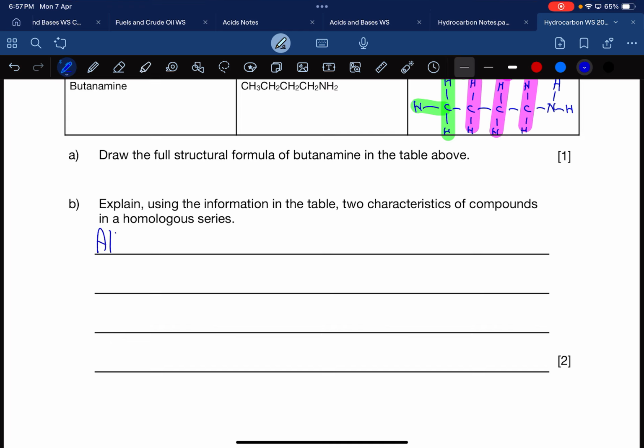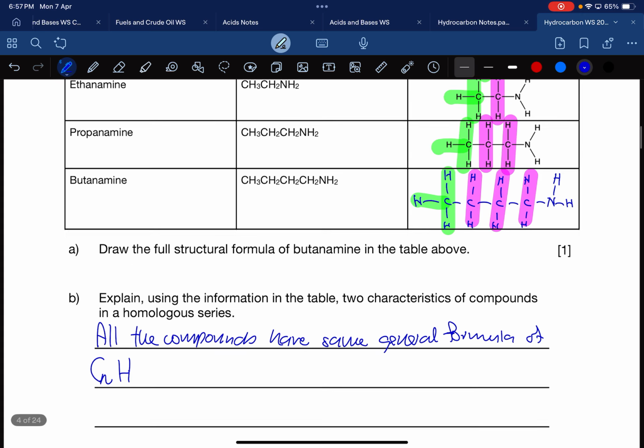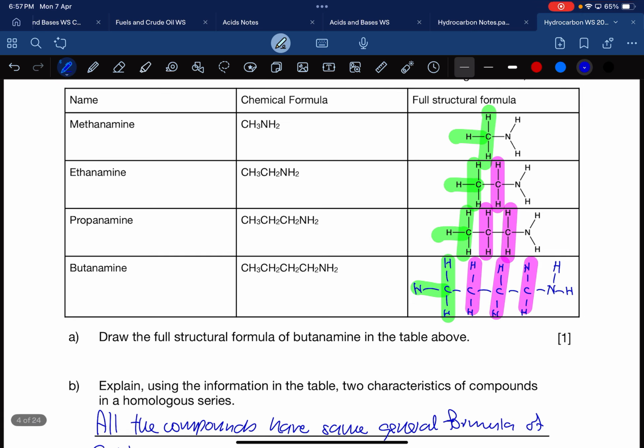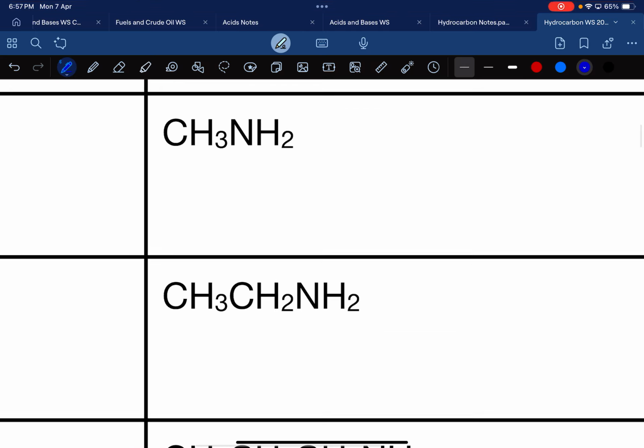Okay, let me try. All the compounds have the same general formula of what? CnH... 5 plus 2n? No. No. Look here.